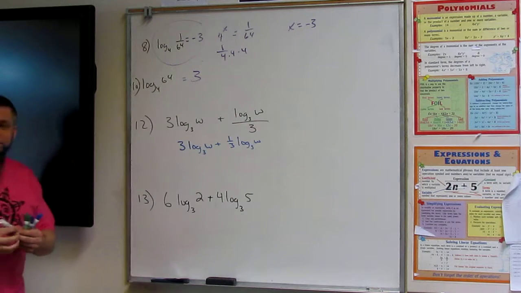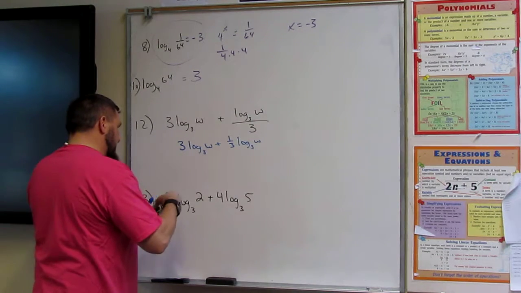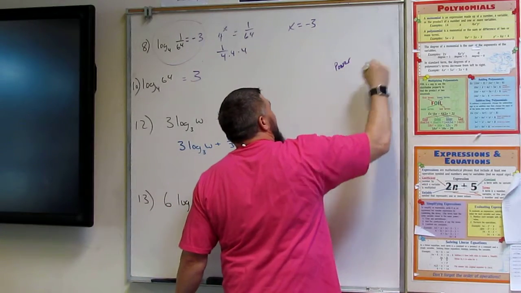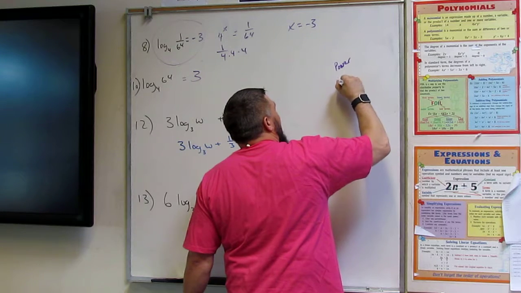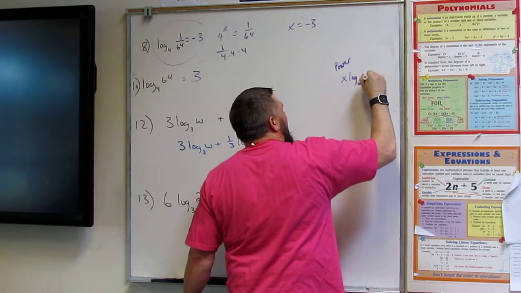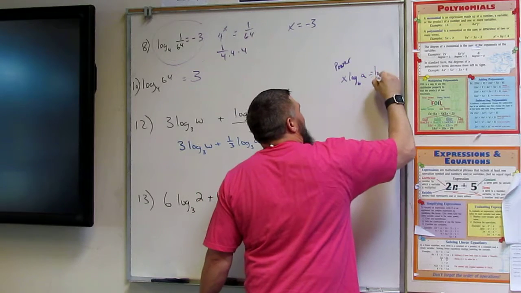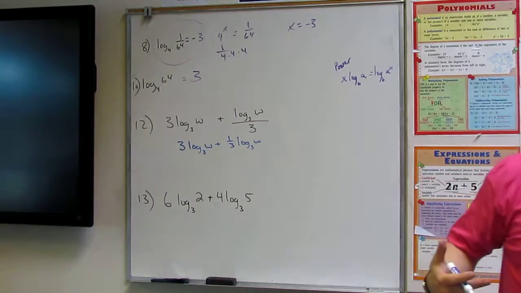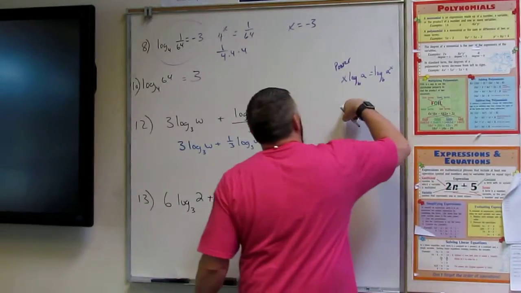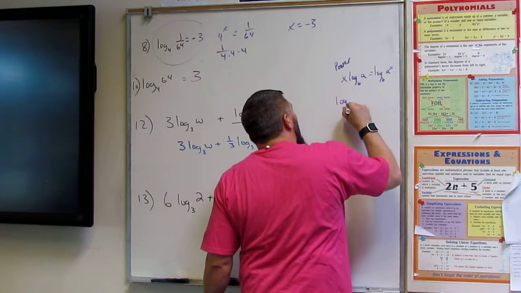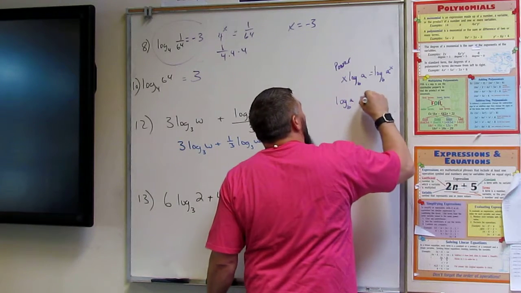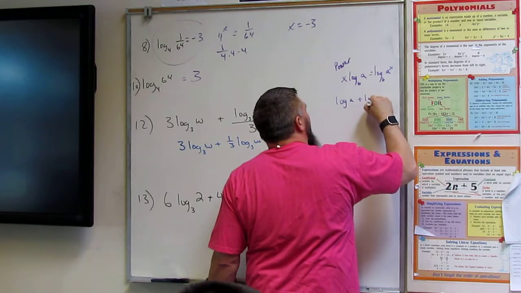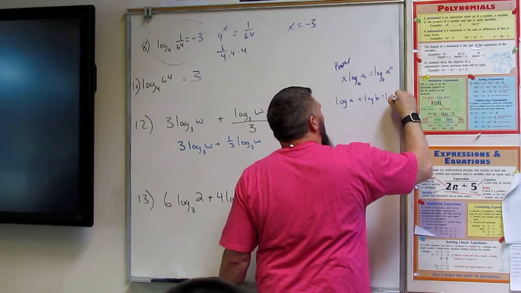This is easier. Believe me. Because guess what I can do? The rule is, the power rule says, hey, if I've got x times log base b of a, then that equals log base b of a to the x. That's the power rule. Okay? If I have log of a plus log of b, then that would equal log of ab.